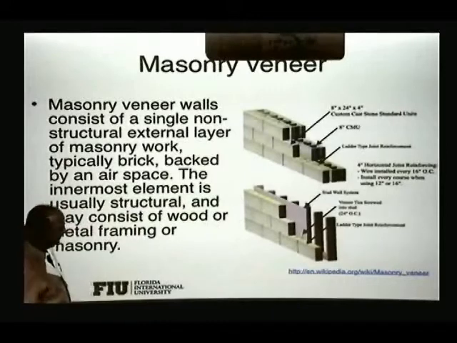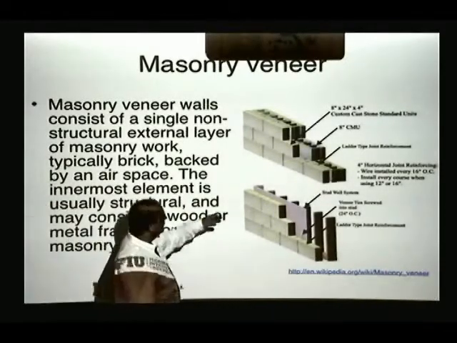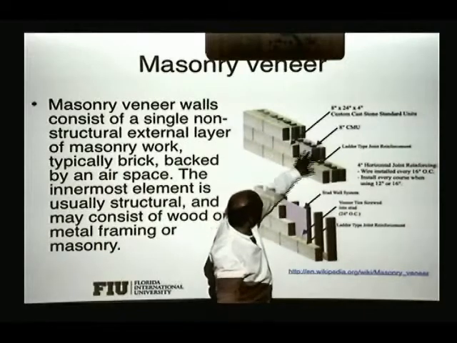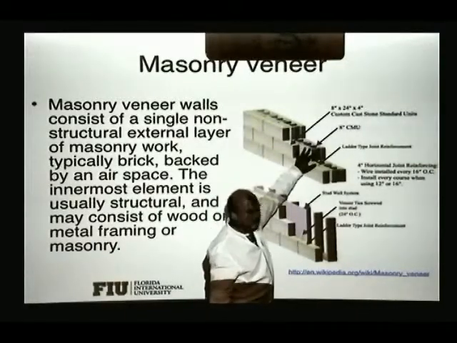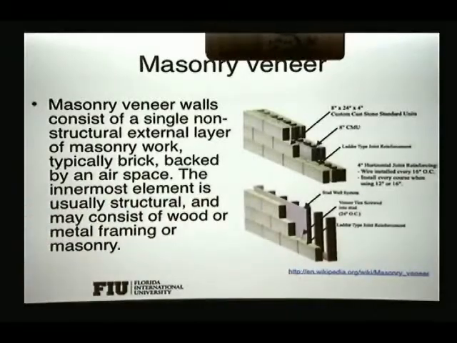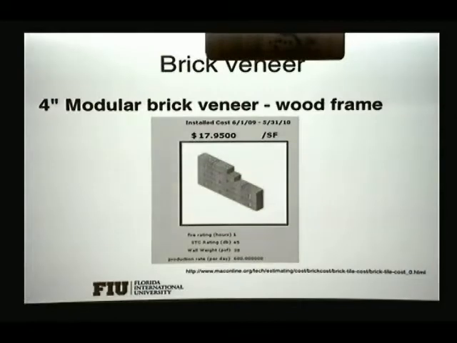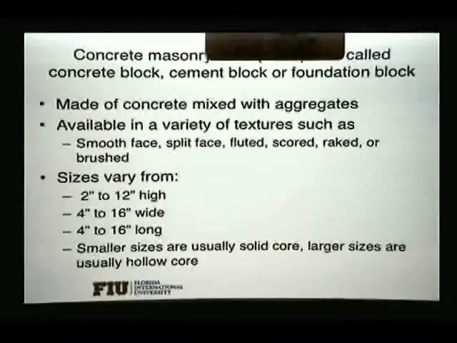That's used a lot up north. Here in Florida, we're more accustomed to this type of assembly, where we have concrete blocks with another veneer in front. So again, you have to look carefully at what type of veneer you have. Different types will have different costs.